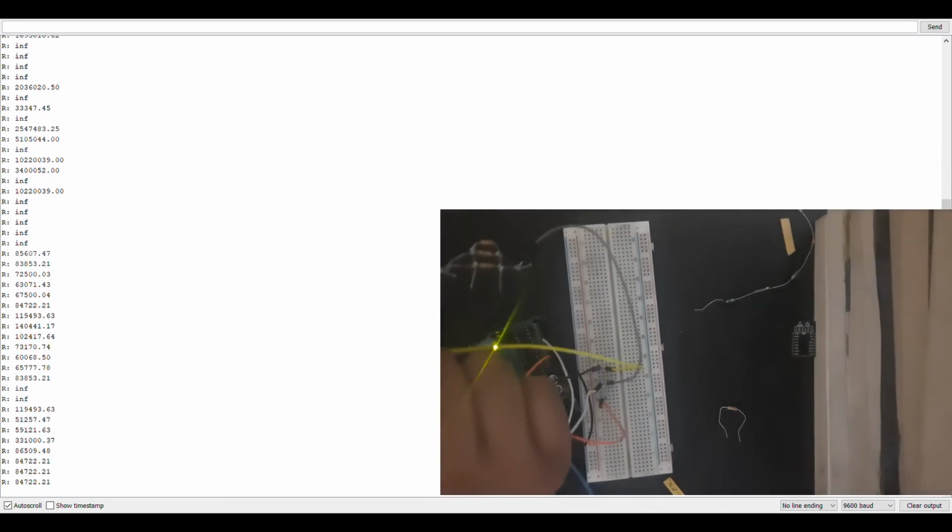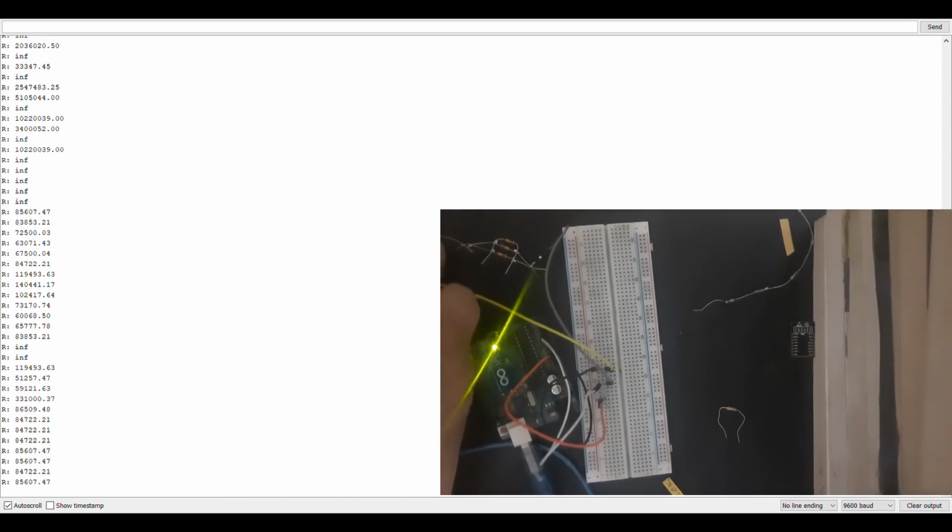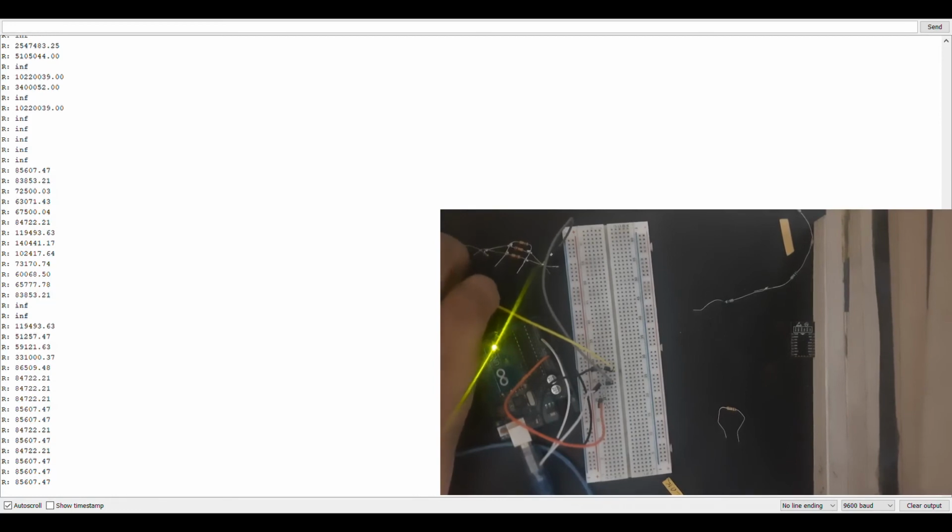As you can see, I have successfully connected the resistor to the circuit and the current readings are around 85,000, with which we conclude that our calculations were absolutely right.